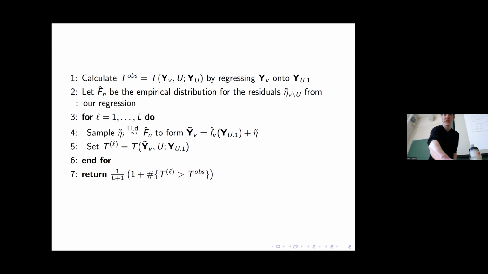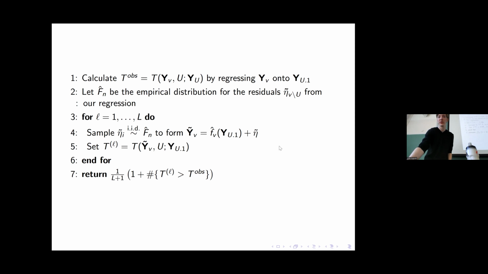Eventually they return this number, and they do it by successively calculating these capital T's based on regression.